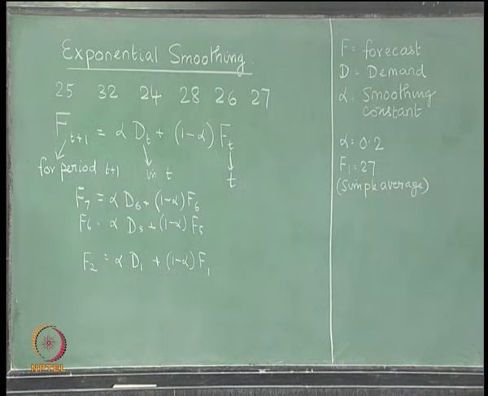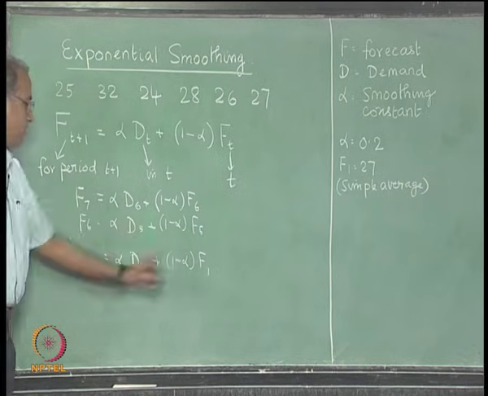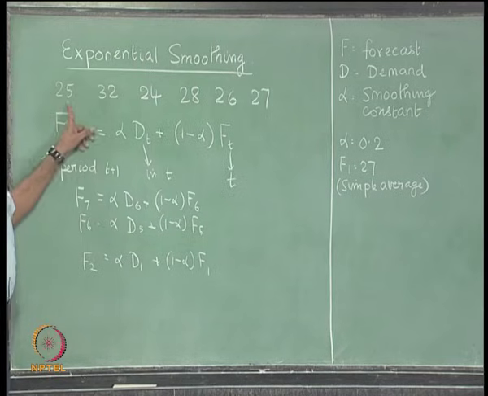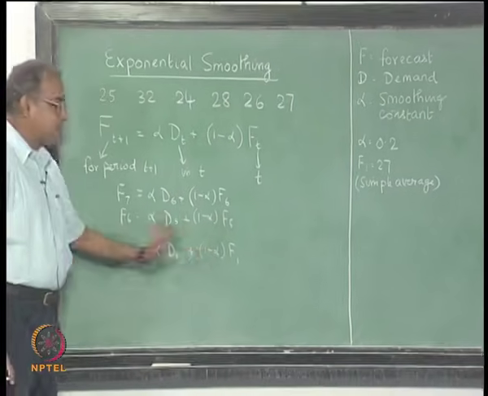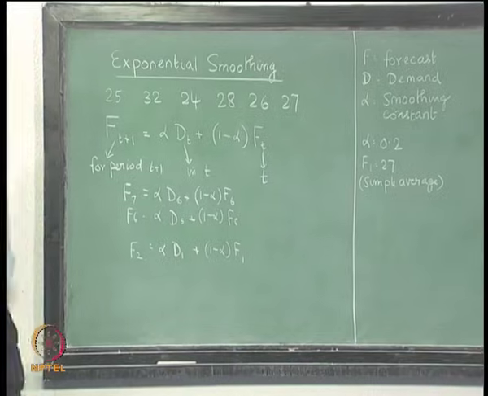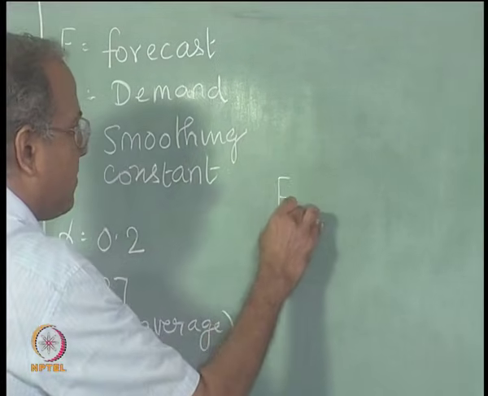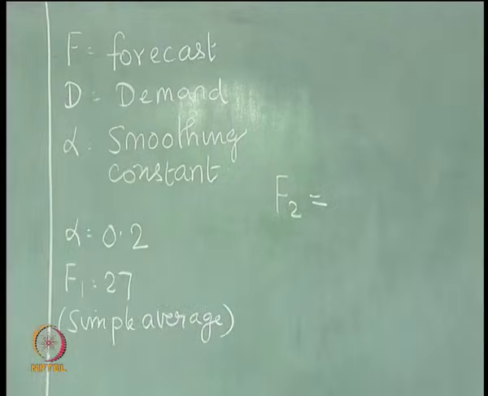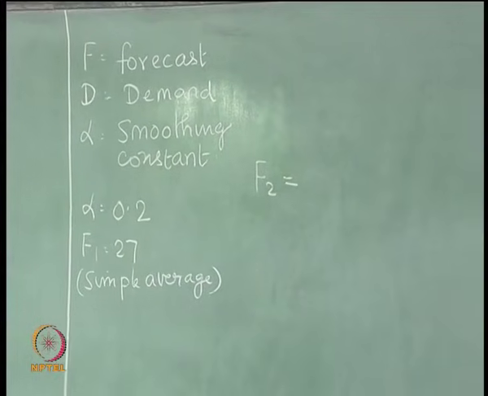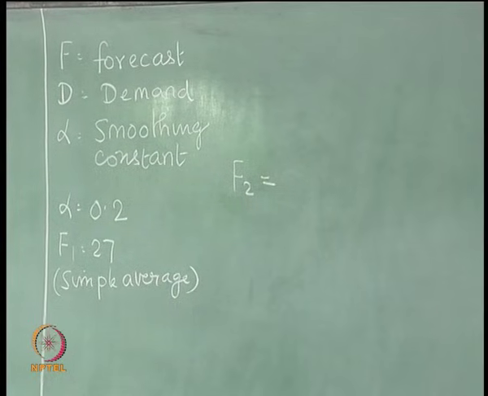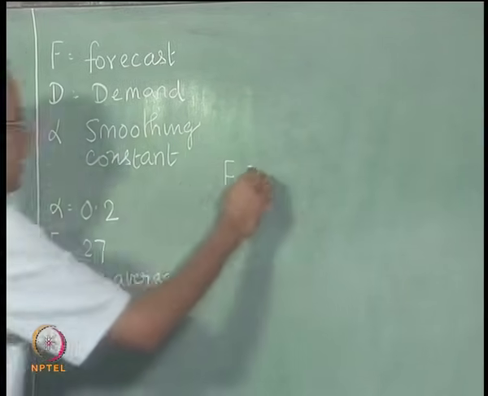So if we use F1 is 27, D1 is 25, alpha is 0.2 and calculate, we will get F2. So F2 becomes 26.6.